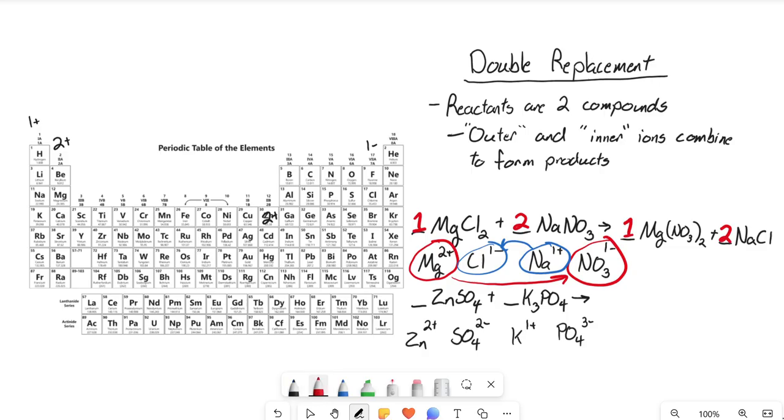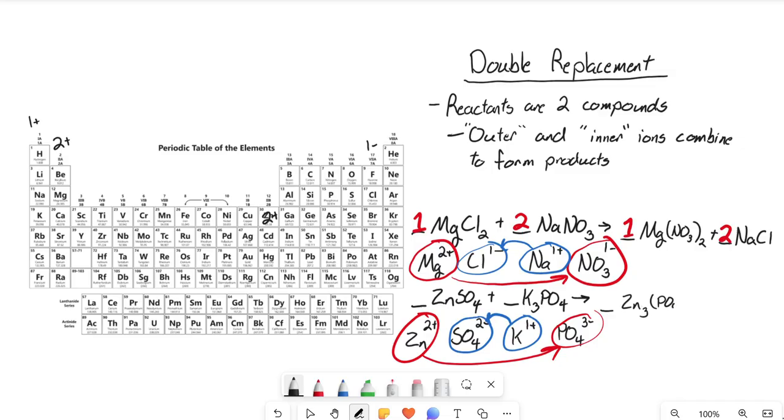Again, to predict the products, we take the outer ions and let them make one product, and then we take the inner ions and allow them to form the other. So zinc is going to bond with phosphate. Crisscrossing our charges, we get Zn3(PO4)2.